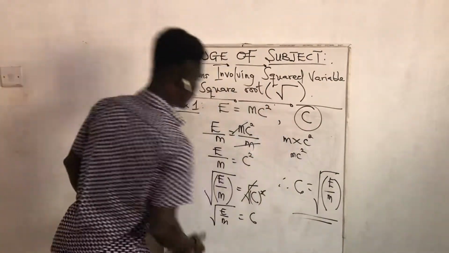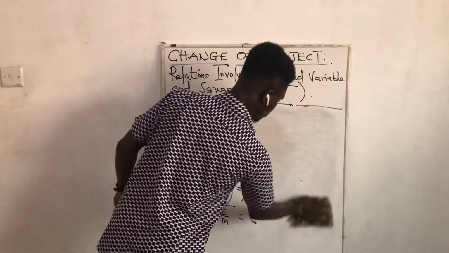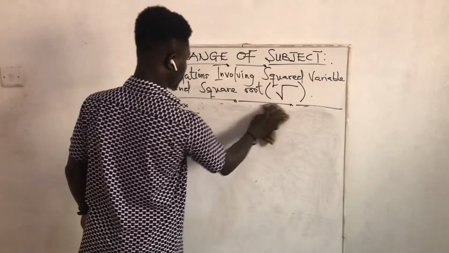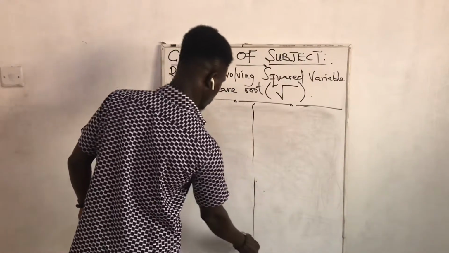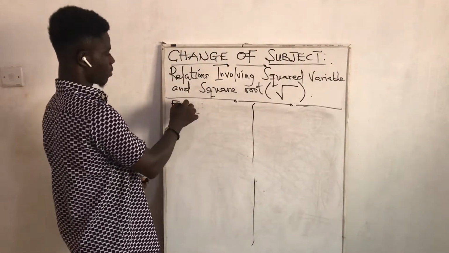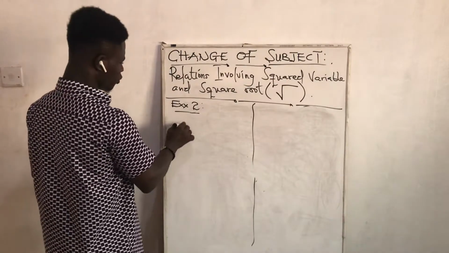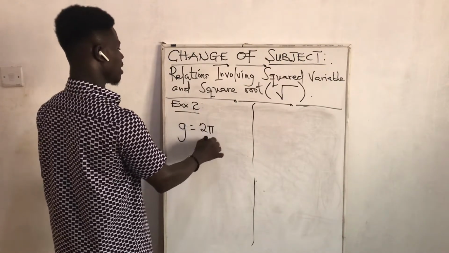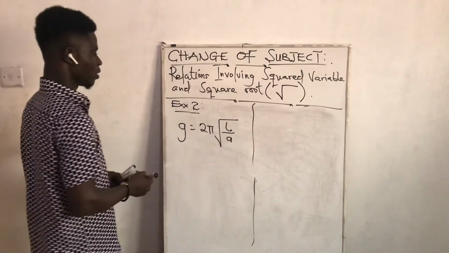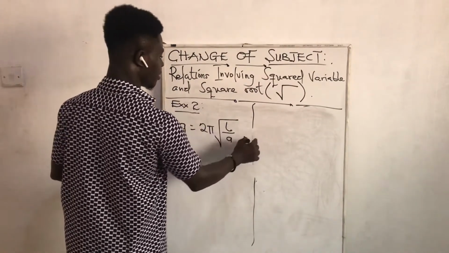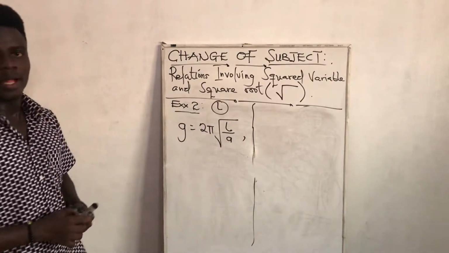Alright, let's move on. Example 2. We have g equals 2 pi square root of L on A. We have to make L the subject.